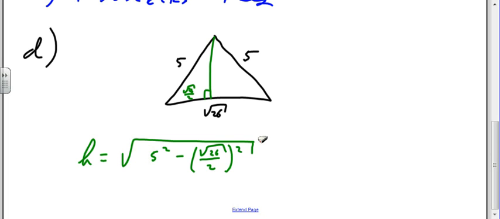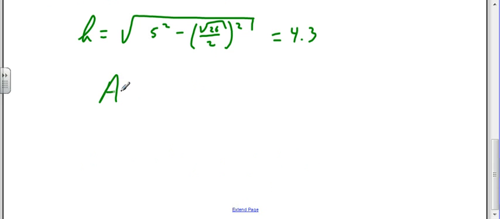Square root of 5 squared, also known as 25, minus the square root of 26 divided by 2 quantity squared equals 4.3. So my height is going to be 4.3, and the area of the triangle is 1/2 the base times the height. That is the height, dummy.